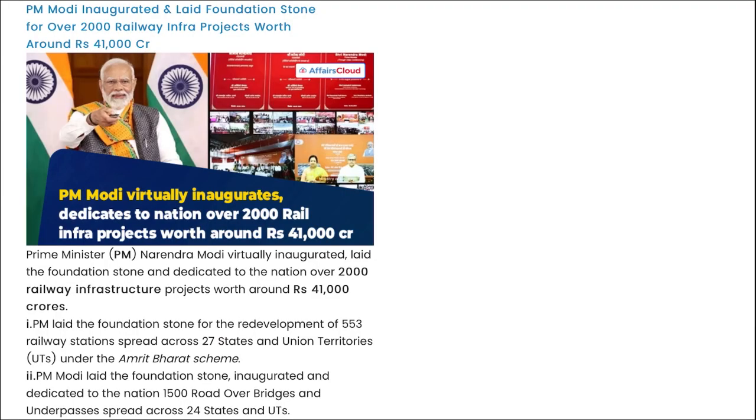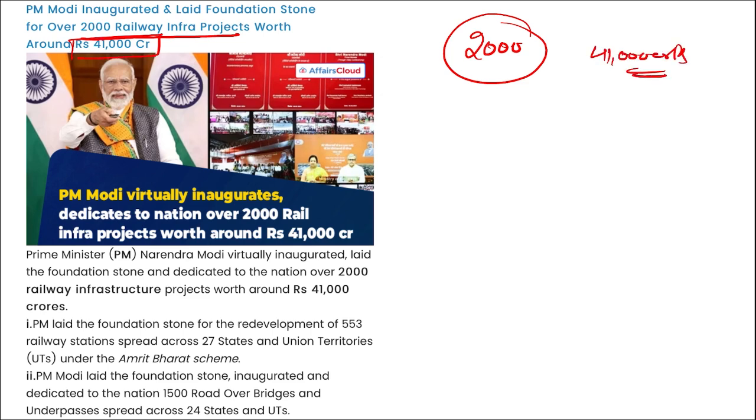Next is PM Modi inaugurated and laid the foundation stone of over 2,000 railway infrastructure projects that are worth 41,000 crore rupees. Right? And here you can see, first is PM Modi laid the foundation stone for the redevelopment of 553 railway stations that are spread across 57 UTs and states under Amrit Bharat scheme.